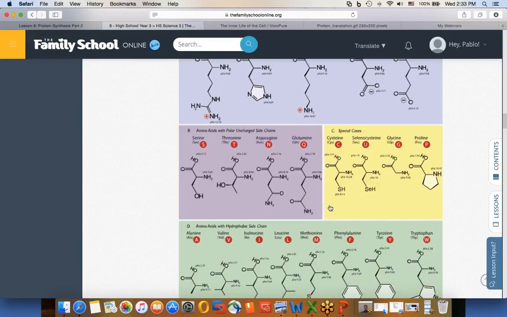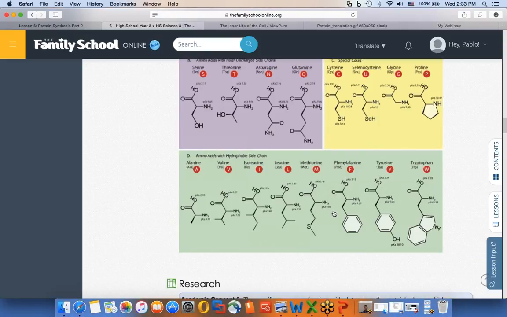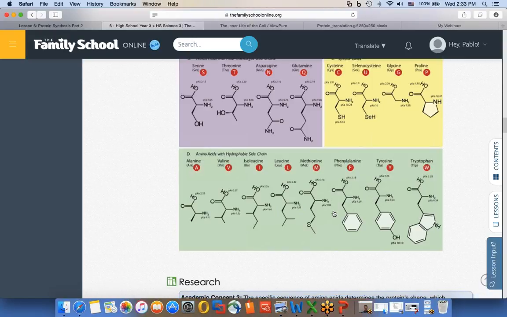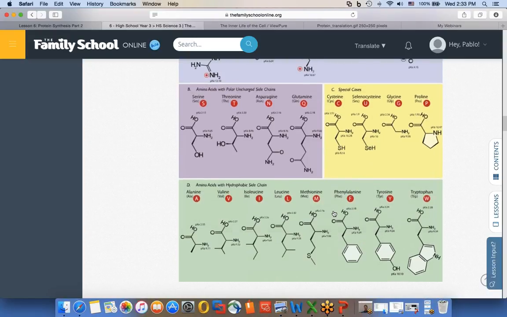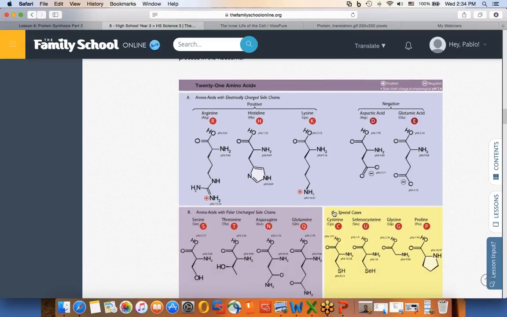And even though there are a bunch of other elements found inside certain amino acids, those are the ones used the most. What I think is cool is there's 500 different amino acids, but only 22 amino acids are actually added during the process of translating protein.